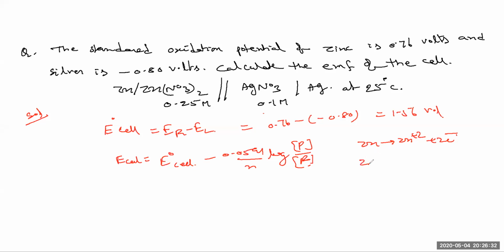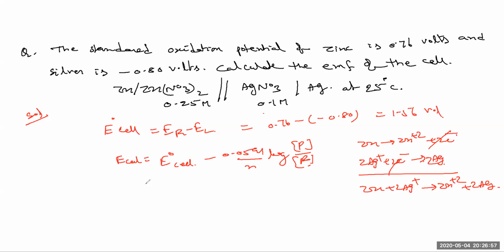Reduction: 2Ag+ plus 2 electrons gives rise to 2Ag. Electrons cancel. The cell reaction is Zn plus 2Ag+ gives rise to Zn2+ plus 2Ag. The product concentration is Zn2+, and the reactant is silver.